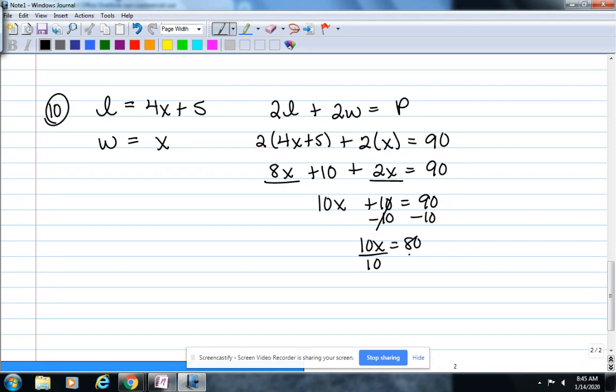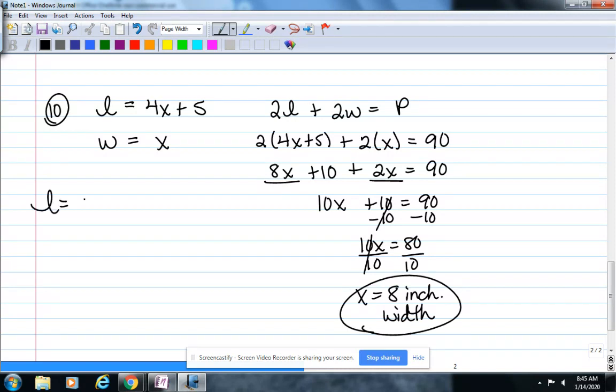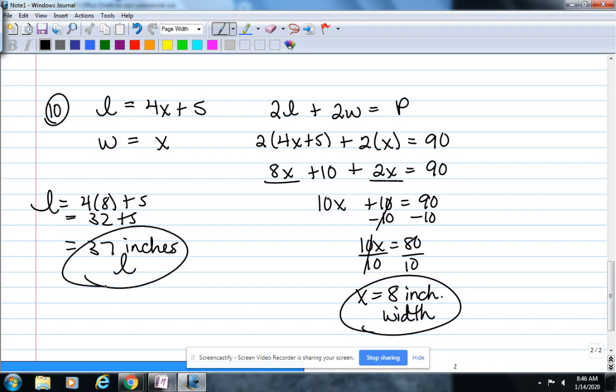Divide by 10, and x equals 8 inches, which is the what? Width. And then how do I get the length? 4 times 8 plus 5. 32 plus 5 is 37 inches for the length. Raise your hand if you and your group got that. All right, good. I think you have one like that on your quiz tomorrow.